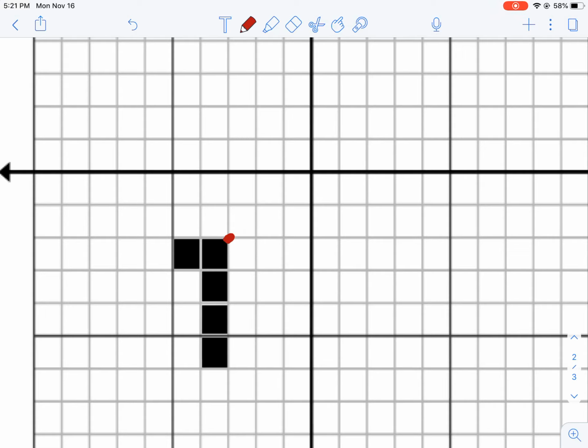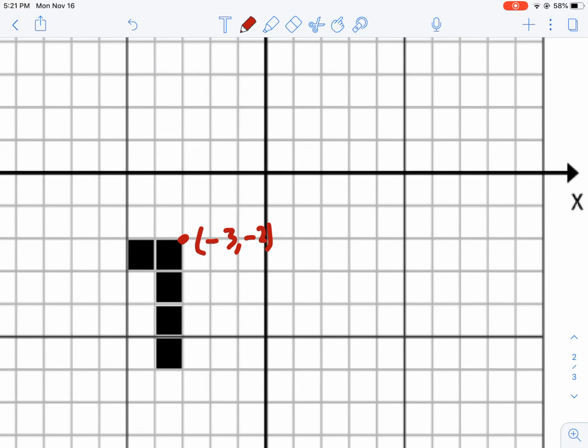So this is over 3, down 2. So we need to go over 2, down 3 to rotate it. This one is over 5, down 2. So that's going to be over 2, down 5. So I'm just trying to get a feel for what it's going to look like.